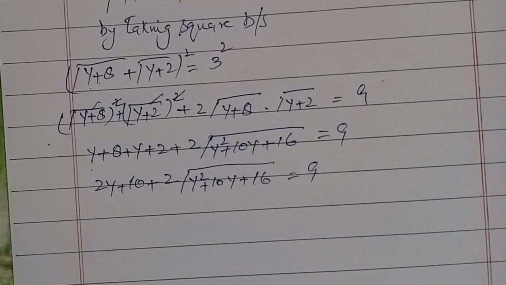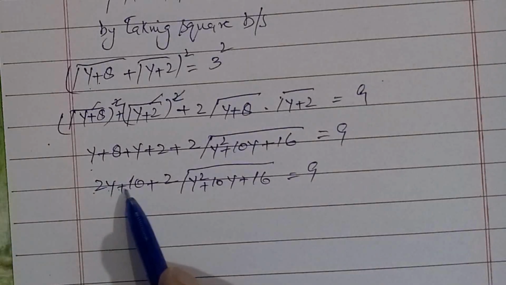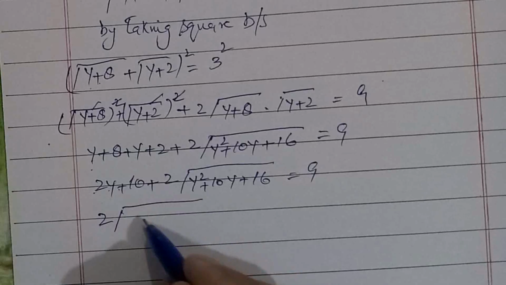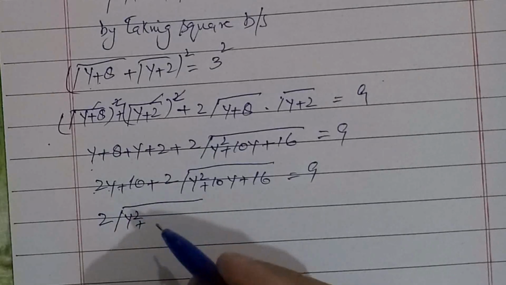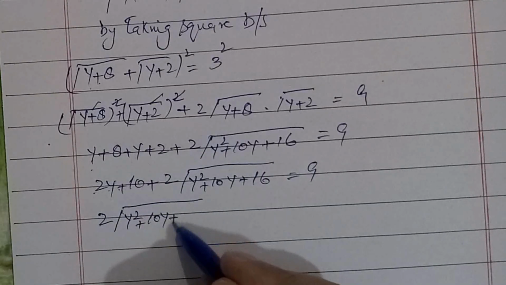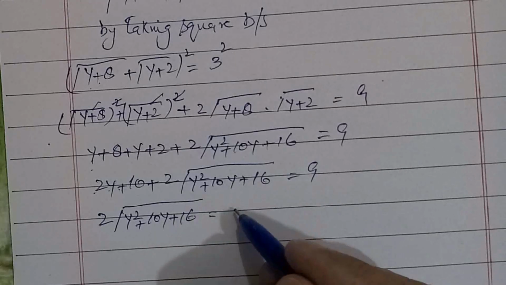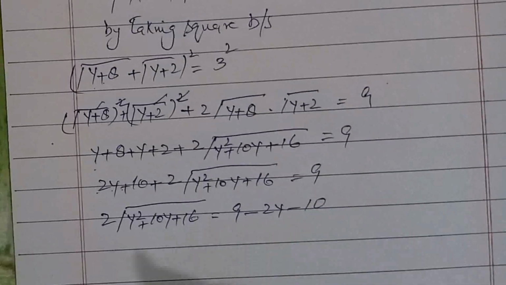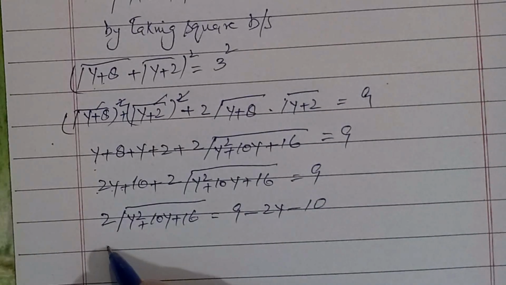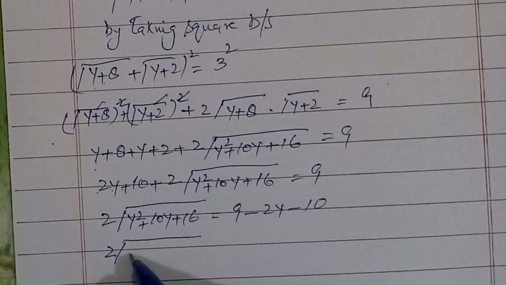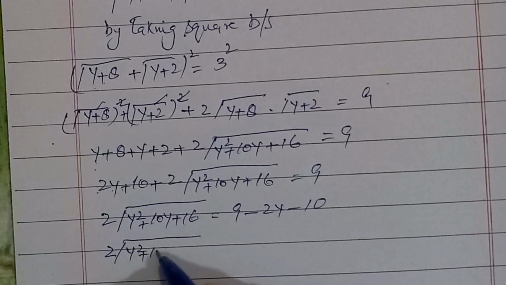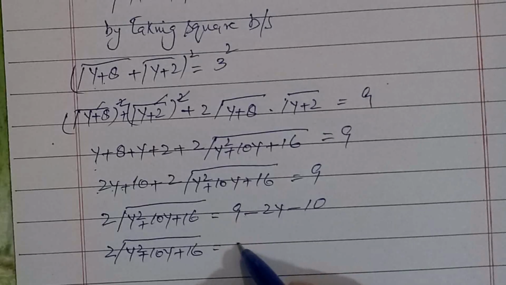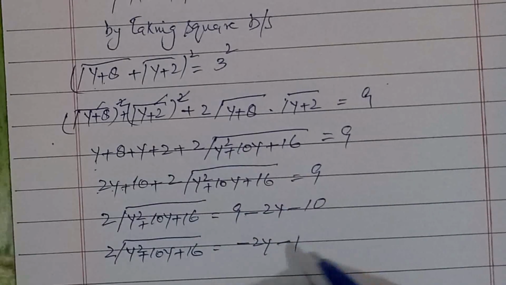Now we shift 2y plus 10 to the right side, we get 2 square root of y square plus 10y plus 16 is equal to 9 minus 2y minus 10. Simplify these values, we get 2 square root of y square plus 10y plus 16 is equal to minus 2y minus 1.